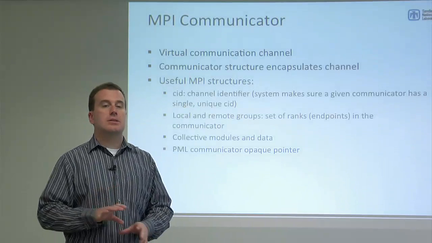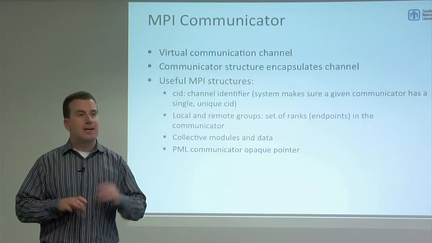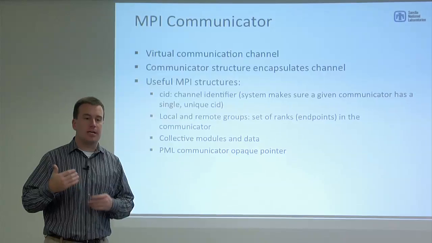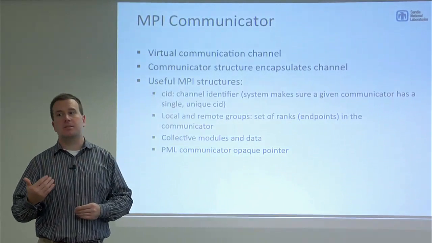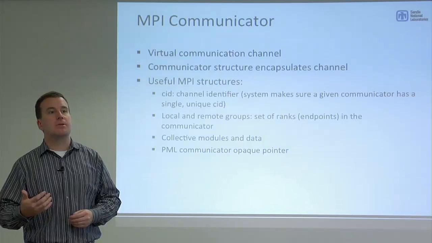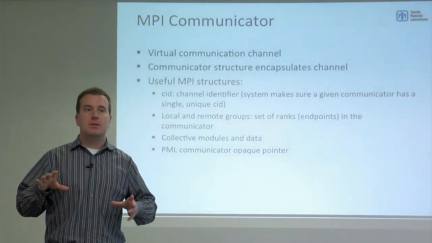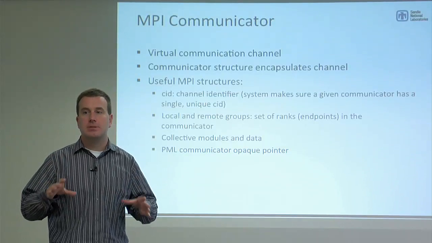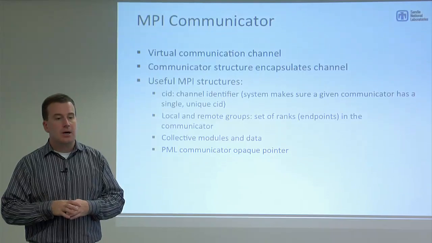So we talked a little about addressing in that we have names. How MPI actually identifies remote processes starts with the concept of a communicator. A communicator you can think of as an all-to-all channel between a set of processes.